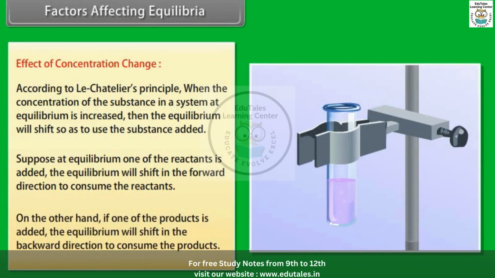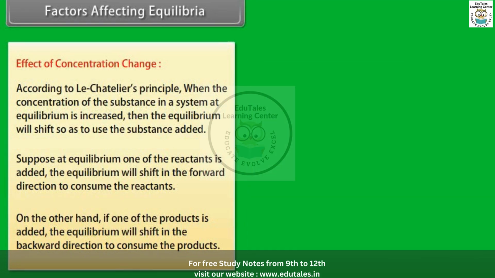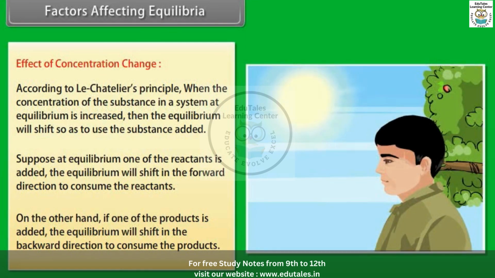On the other hand, if one of the products is added, the equilibrium will shift in the backward direction to consume the products. For example, on a humid day, we sweat more. The sweating on a humid day is more because the surrounding air has a large amount of water vapors and our body cannot lose water as water vapors.